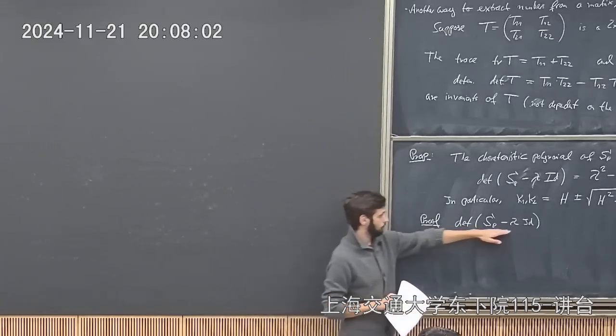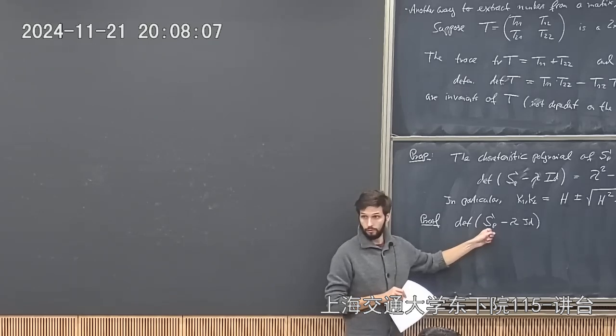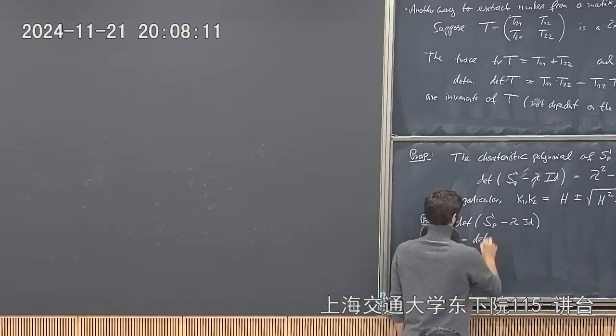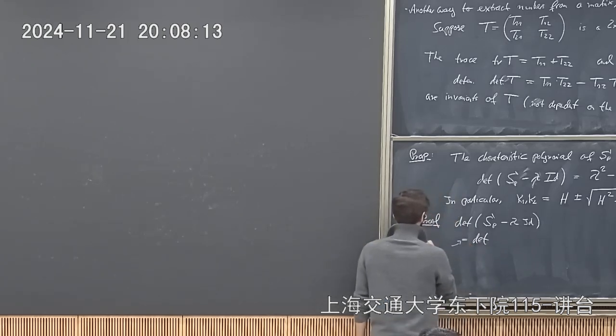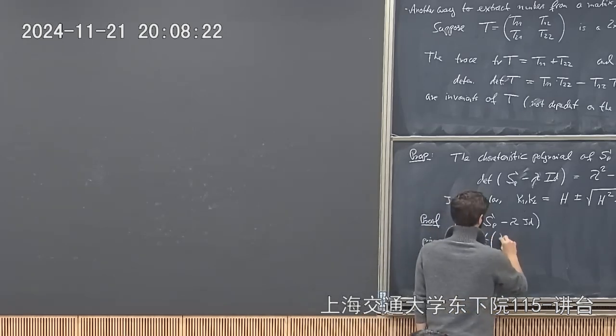We can in particular choose the basis given by the principal directions. So in this one, we have just kappa 2.